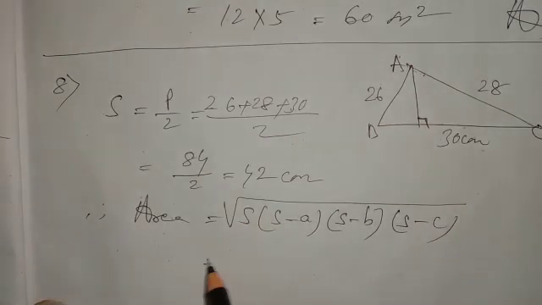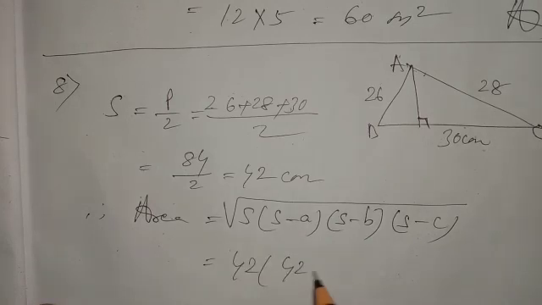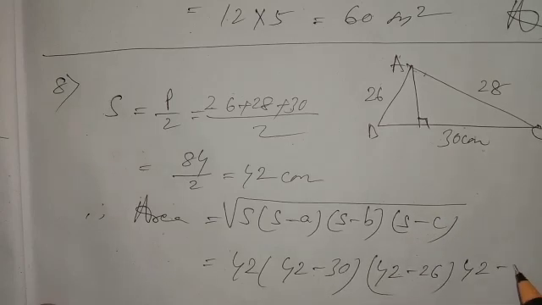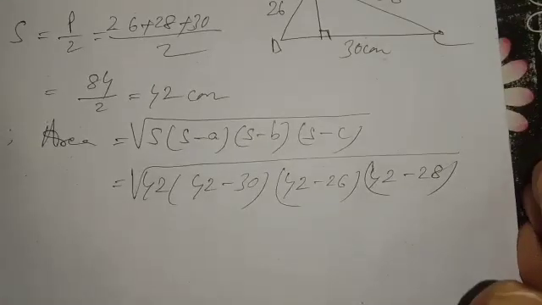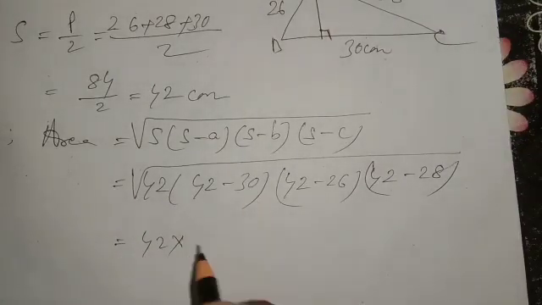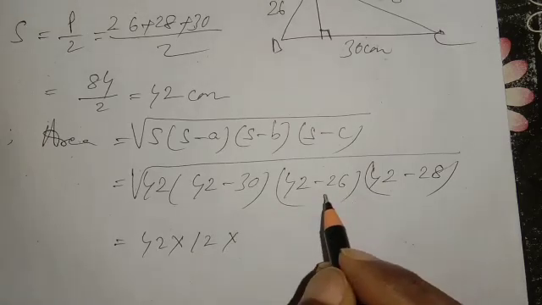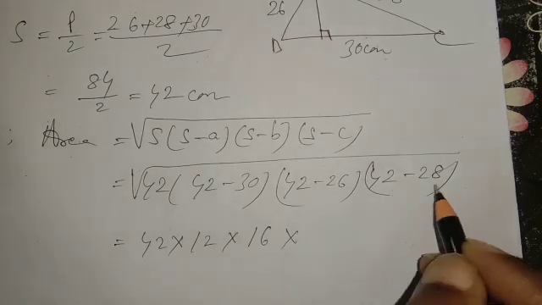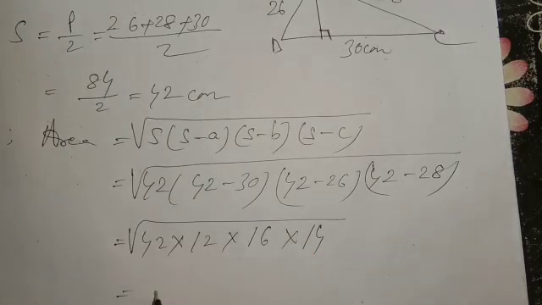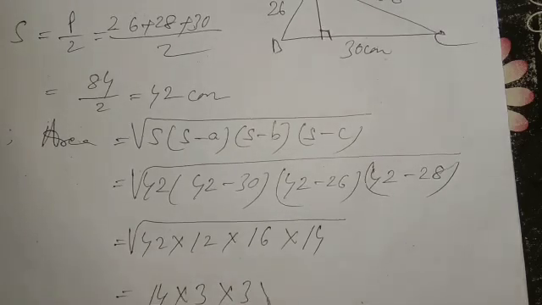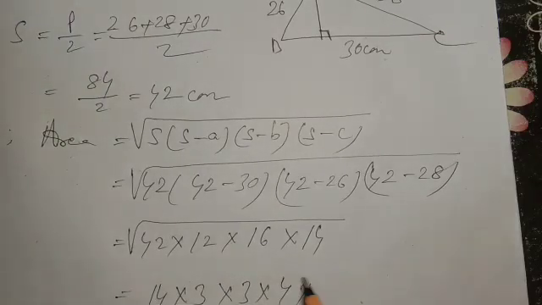Here S is equal to 42, so 42 minus 30, 42 minus 26, 42 minus 28 under the root. Now 42 minus 30 is 12, 42 minus 26 is 16, 42 minus 28 is 14. 42 means 14 threes are 42, and 12 means 3 into 4, and 16 is 4 into 4, and this one is 14.